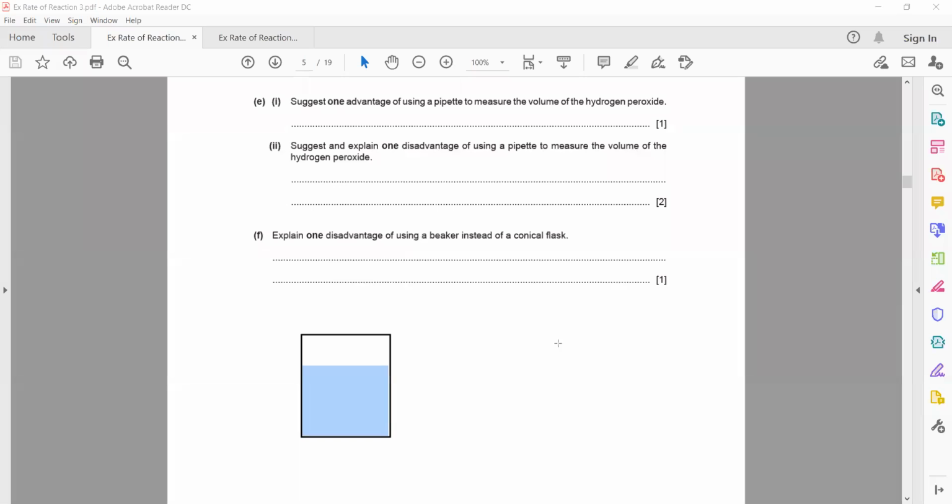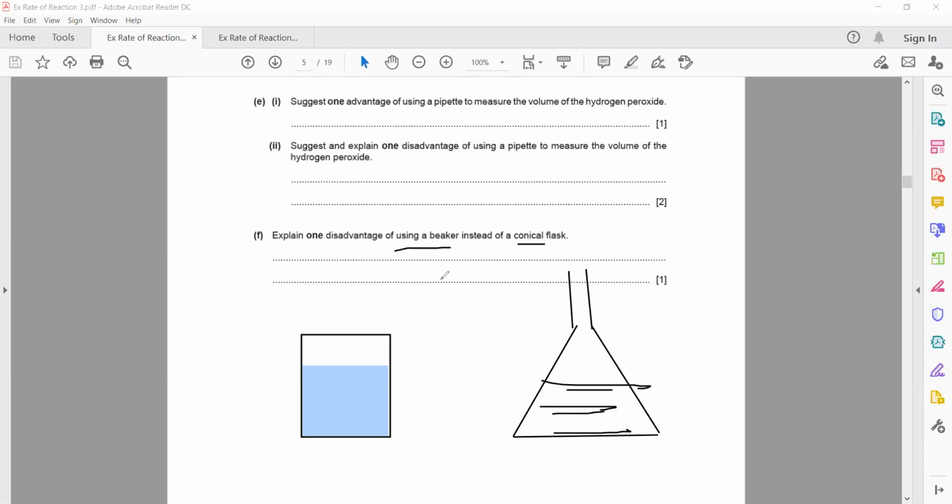But when you have a solution in a conical flask, this is a conical flask. What is the advantage of mixing a solution in a conical flask? It can easily mix together. The solution will not spill.